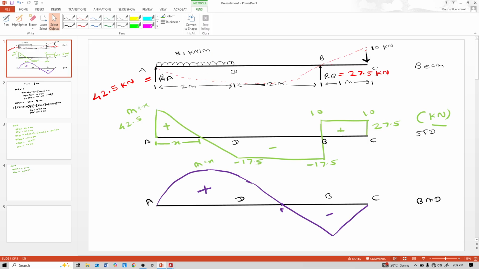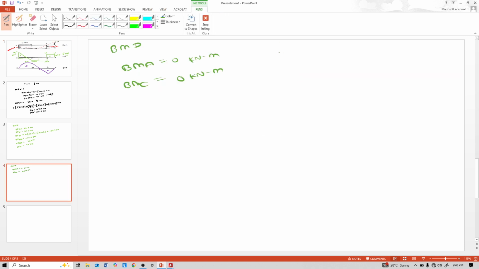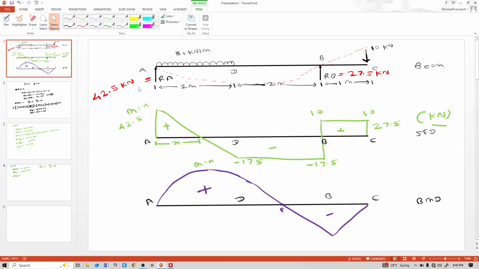Because at A there is no moment, it is a roller support with only one vertical reaction, and at C it is the cantilever end. Now the bending moment at point D. Similar assumption, clockwise positive and anti-clockwise negative. So the bending moment at D is equal to the RA reaction, clockwise to that D, so positive 42.5 into 2.